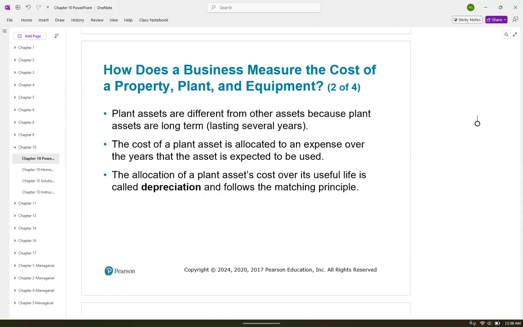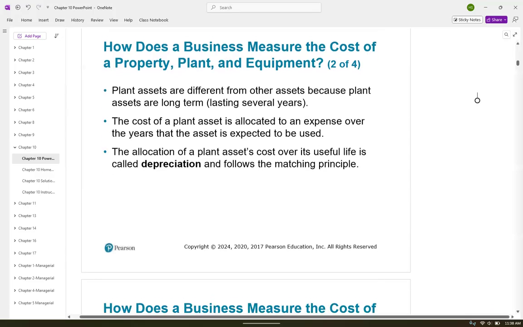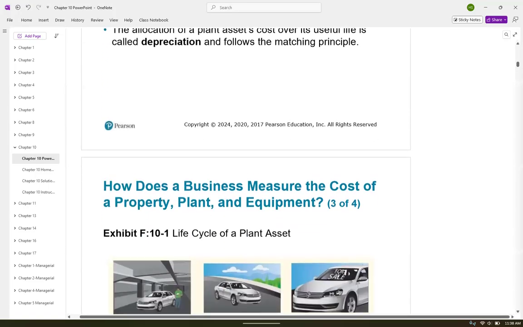It would make more sense to allocate the cost of that building over the time period that we expect that building to last. So that's depreciation. Remember, we learned how to do the depreciation journal entries back in chapter 3 because they are adjusting entries, and we have that contra asset account.